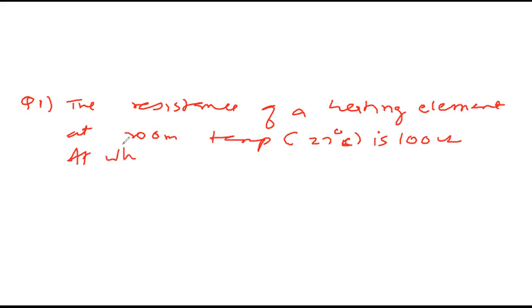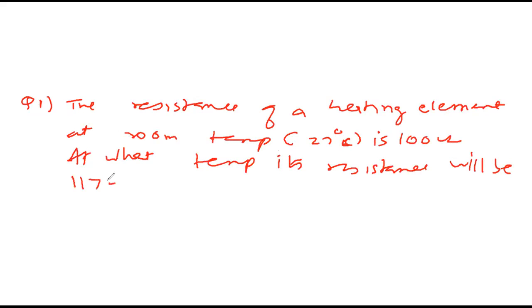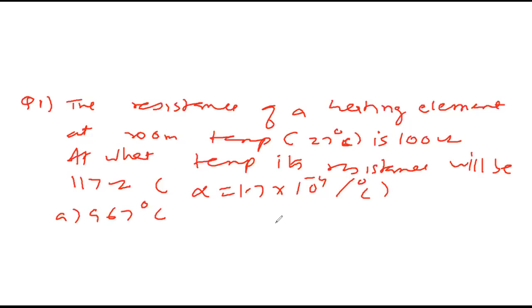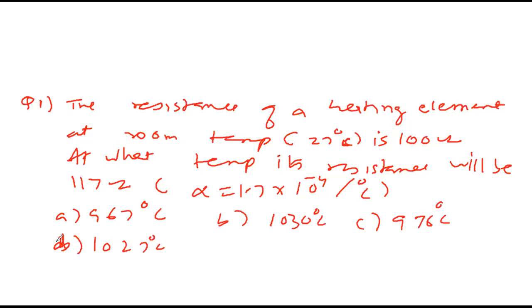At what temperature will its resistance be 117 ohm if alpha is 1.7 into 10 raised to minus 4 per degree Celsius? Options: 967 degrees Celsius, 1030, 976, or 1027 degrees Celsius.